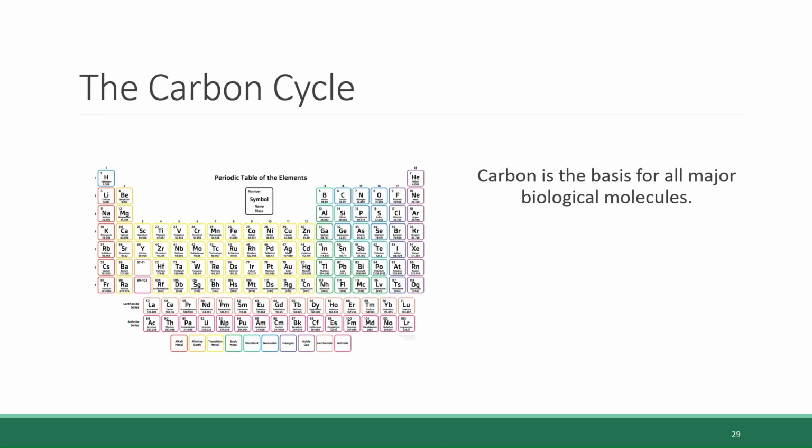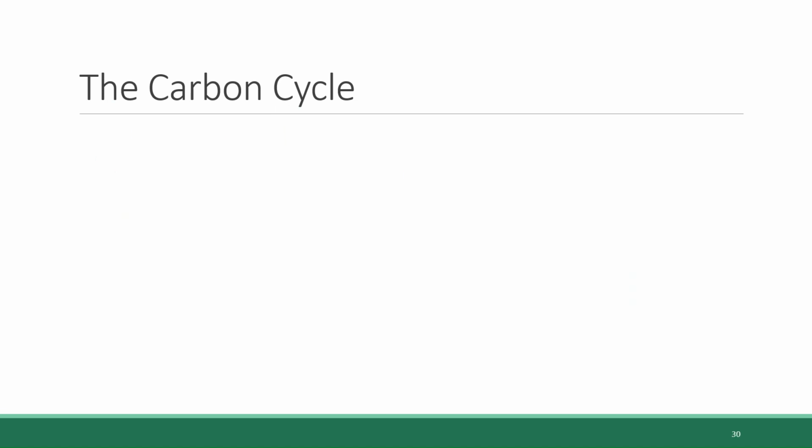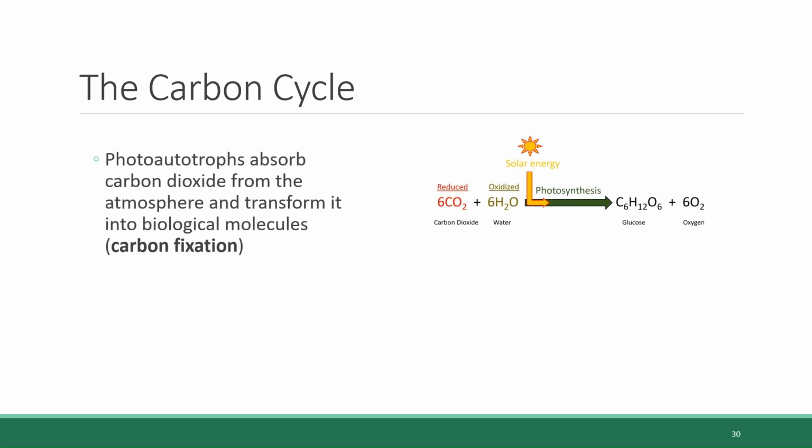We probably already have a pretty good handle on one biogeochemical cycle from our discussions in Chapter 2, and that is the carbon cycle. Carbon is an extremely important element for living organisms. In fact, it's the basis for all the essential organic molecules like DNA, proteins, carbohydrates, and fats. And in our discussion of cellular respiration and photosynthesis, we looked at how carbon flows in and out of living things. Carbon is found in the non-living system of the atmosphere in the form of carbon dioxide gas, and photoautotrophs absorb that carbon dioxide and transform it into biological molecules like carbohydrates.